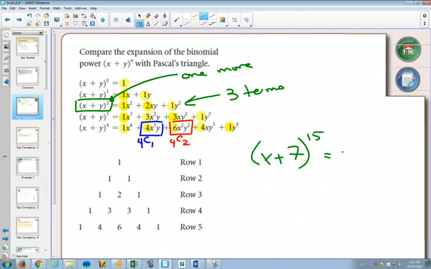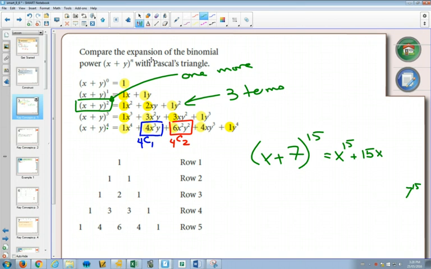You would know the first one is going to be x to the 15. You would know that your last one is going to be 7 to the 15. Right? And notice when there was a 4 here, it goes 4 choose 0, 4 choose 1, 4 choose 2. So the next one would be 15 choose 1.